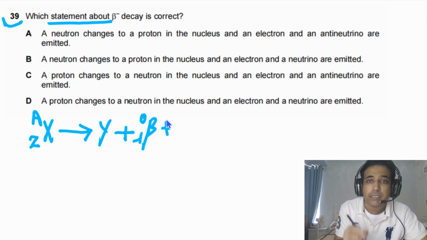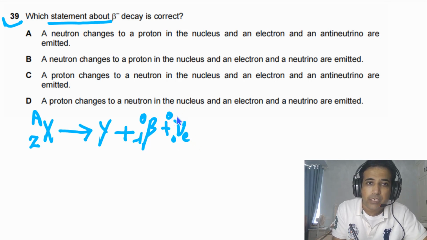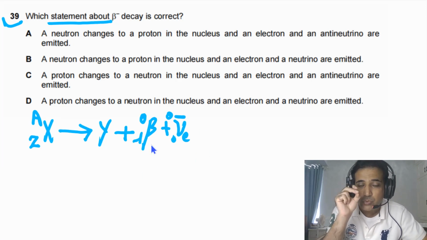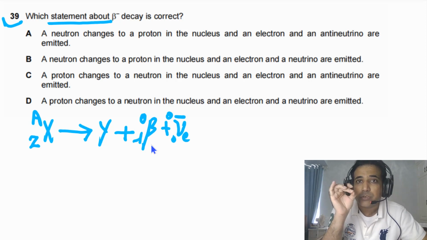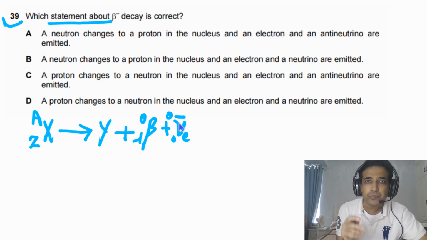As the electron has lepton number 1, the neutrino has to be an electron anti-neutrino, because the lepton number of an anti-neutrino is -1, so in this case lepton number will be conserved. That's the reason this has to be an electron anti-neutrino.